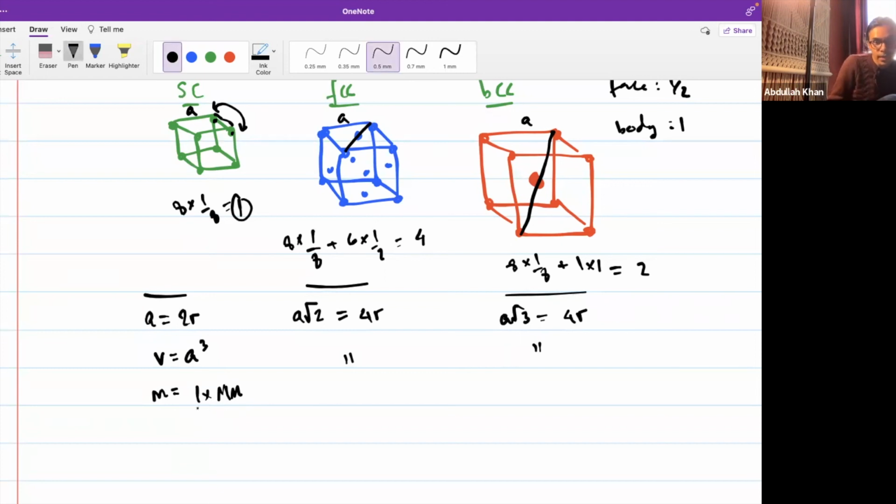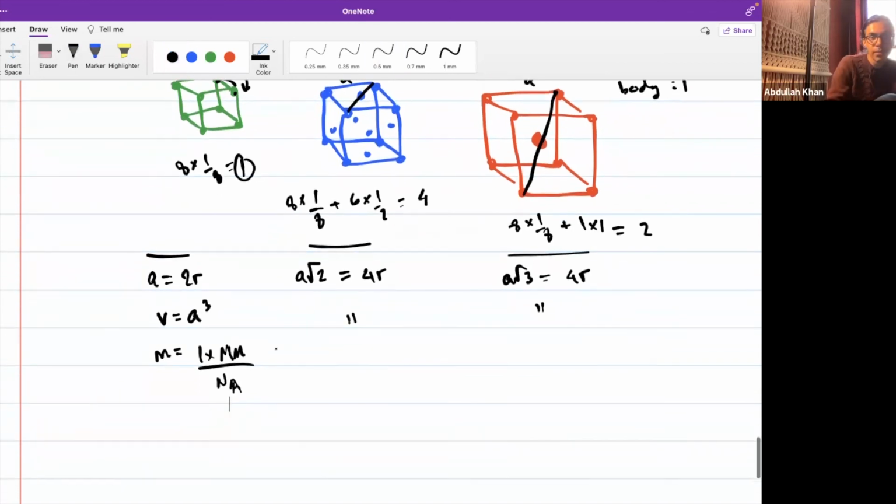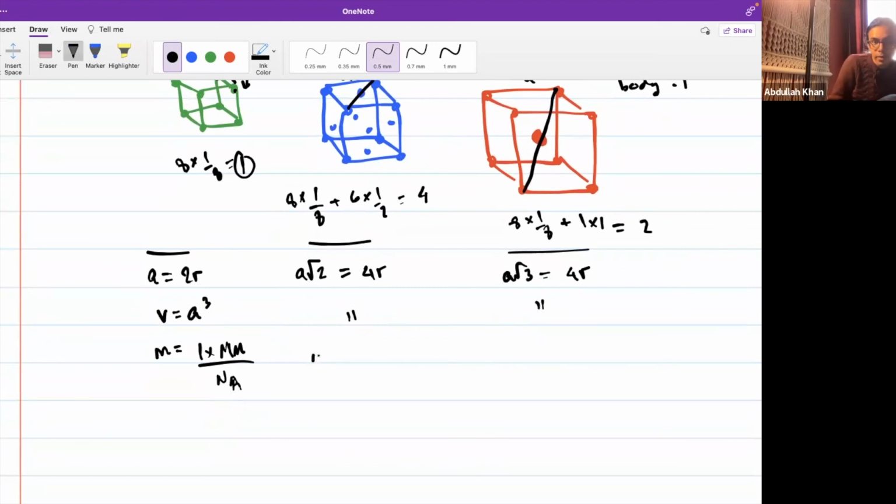So you want to divide this by Avogadro's number. That gives you the tiny mass contained within a unit cell. Same thing here. Here we have 4 atoms effectively inside the unit cell. So 4 times molar mass divided by Avogadro's number. So you get the mass of 4 single atoms.